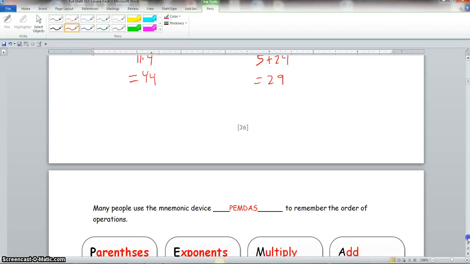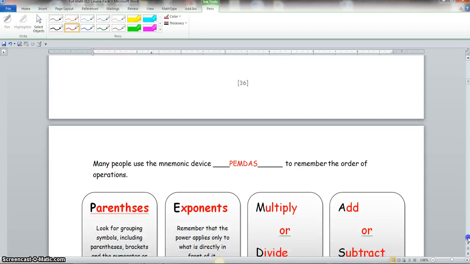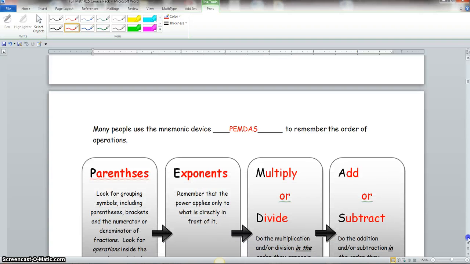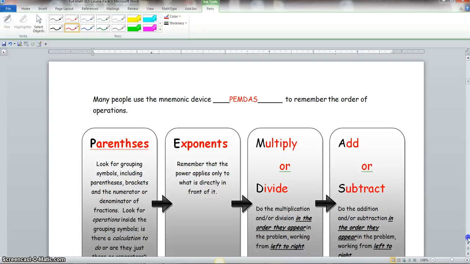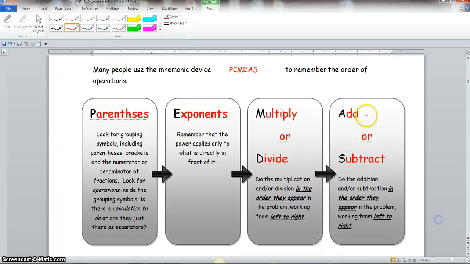So let's go down here and learn the order of operations. Now, many people use the mnemonic device PEMDAS to remember the order of operations. The P stands for parentheses, E is exponents, the M is multiply, the D is divide, A is add, and S is subtract. Now, this is the first step you do, which is parentheses.